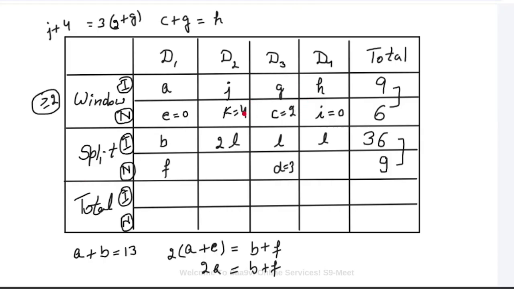Now this information, first of all, let's solve this 15. Now we know thrice of 2 plus G, that means thrice of D3 window AC is equal to J plus 4 single of D2. And this C plus G is also equal to H. That means if I take D4 window AC as X, D3 is also X, and D2 has to be thrice of X.